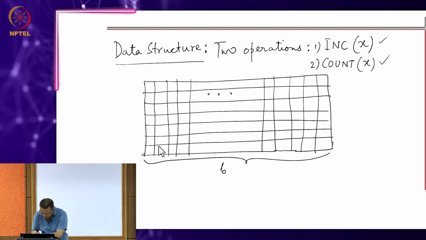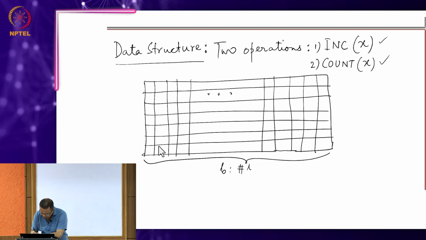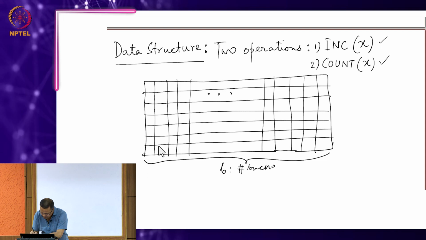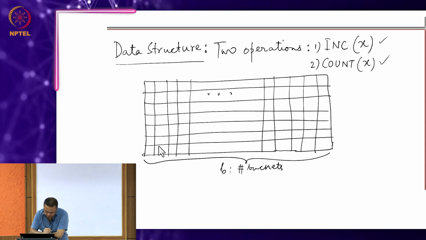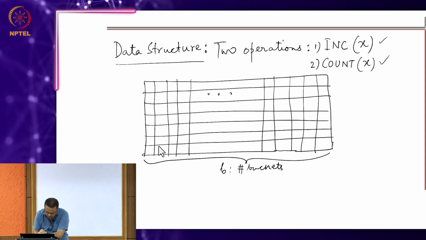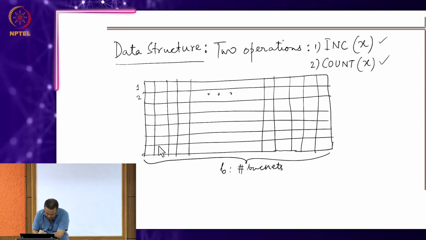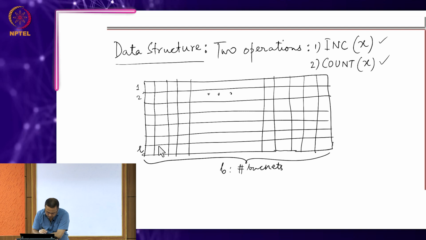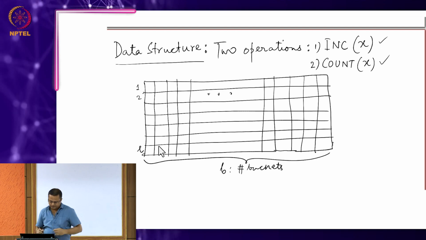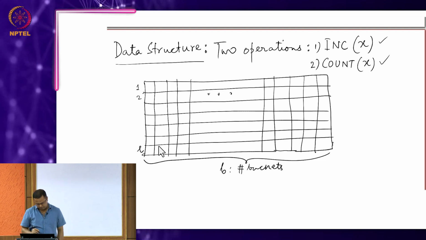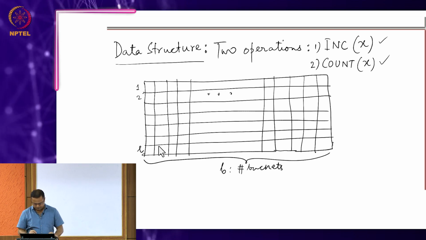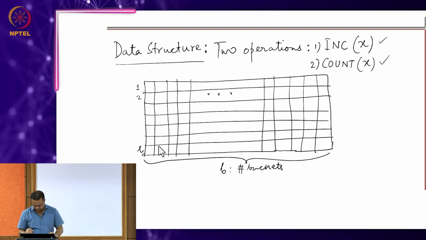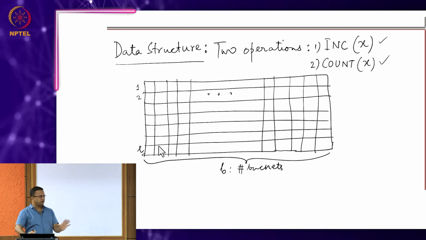So, this is B, the number of buckets, and this is your two-dimensional array.